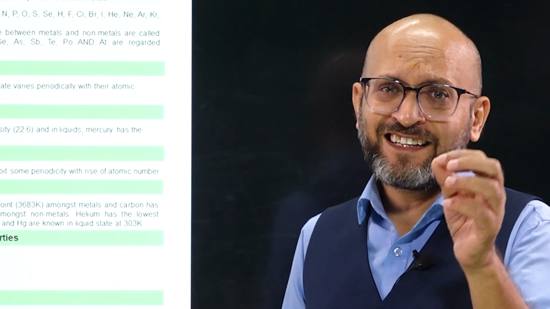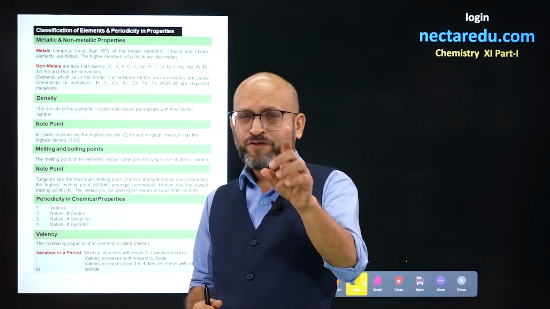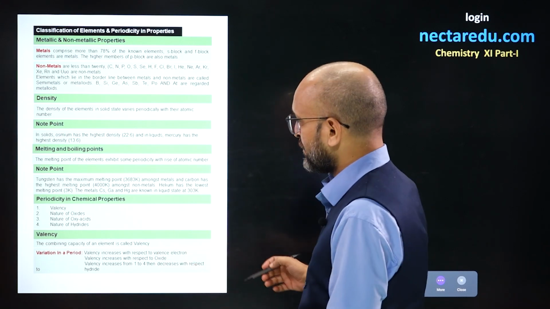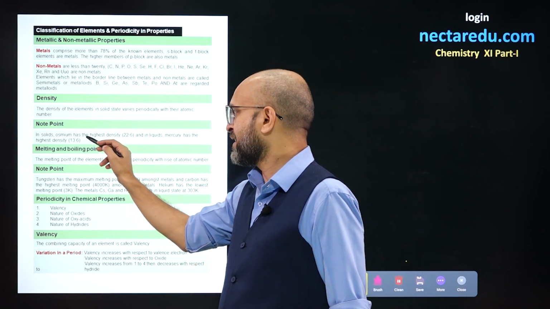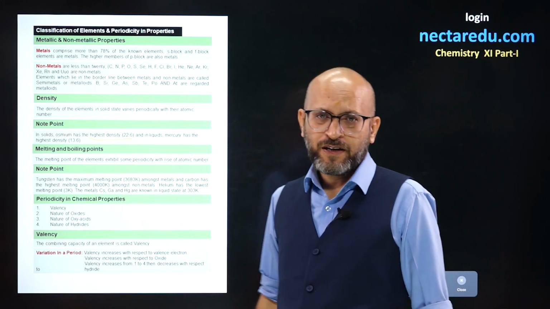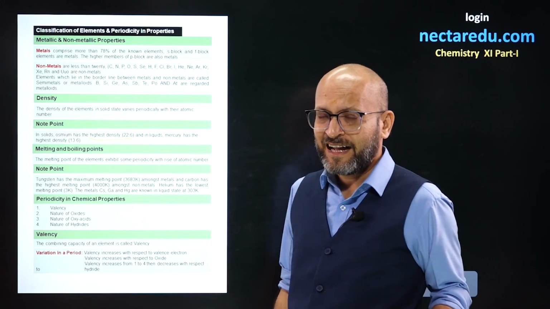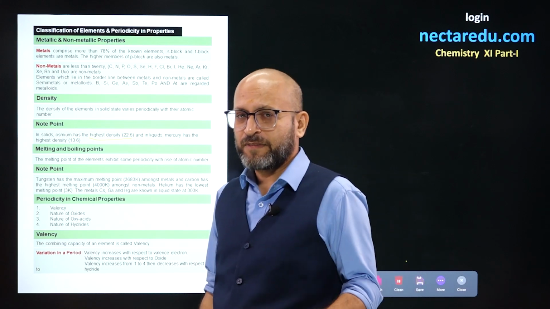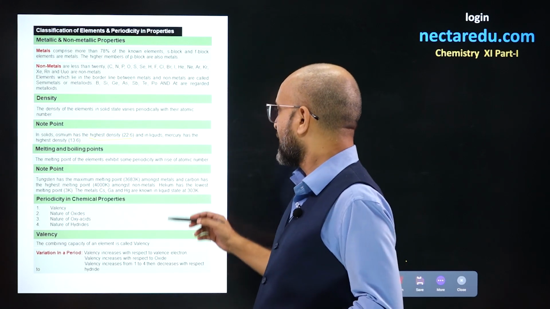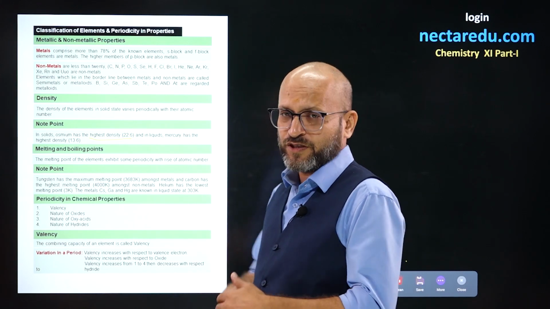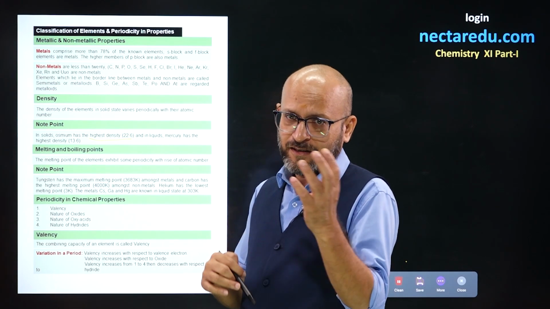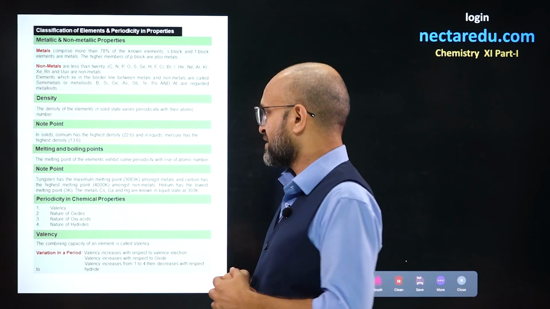So which element in the periodic table has the highest density? Can you guess? So if you can't guess, let's see. The element with the highest density is osmium among metals and carbon among non-metals. Alright. So next, in liquids, mercury is the element with the highest density.